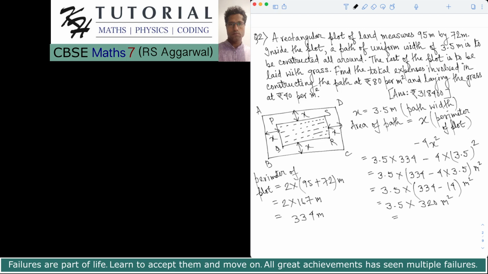How much is 32 multiplied by 35? It is 1120. So the area of the path is 1120 meter square.